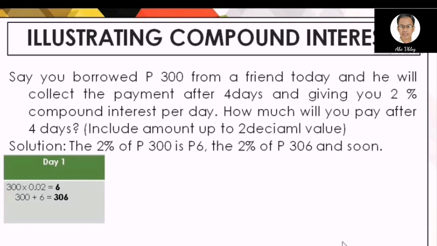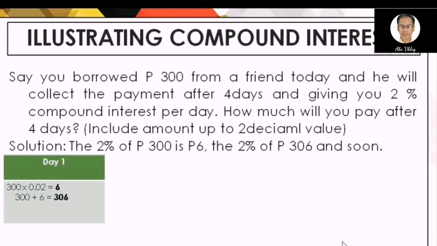So we simply multiply 300 by 0.02, then we get 6. That's 6 pesos. Then the 6 pesos will be added to the 300 borrowed money, so we're going to pay your friend 306 on the first day.